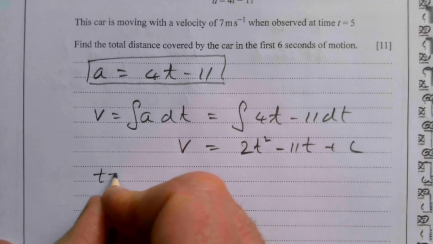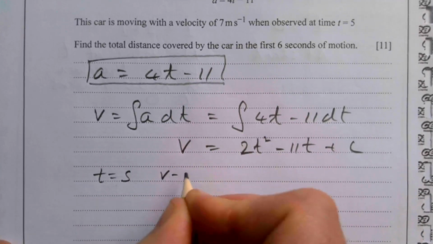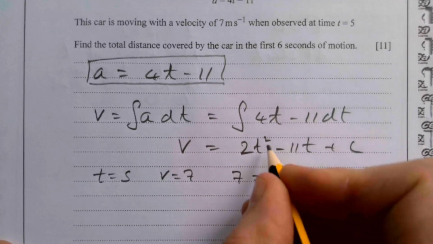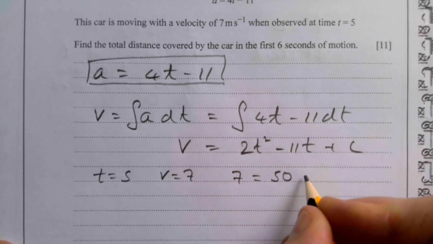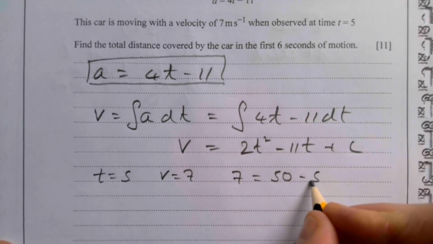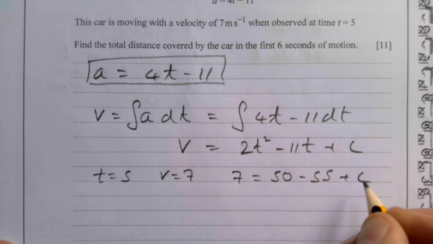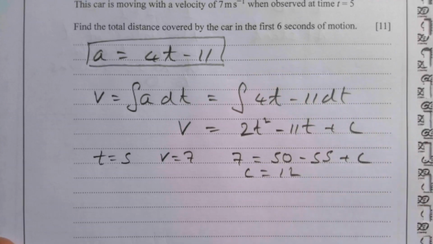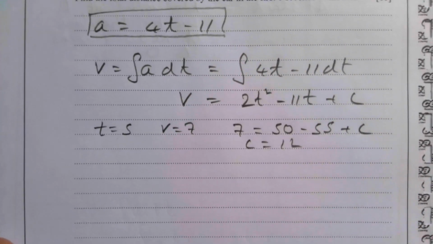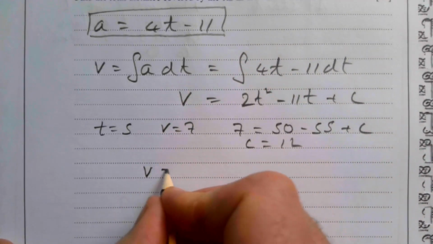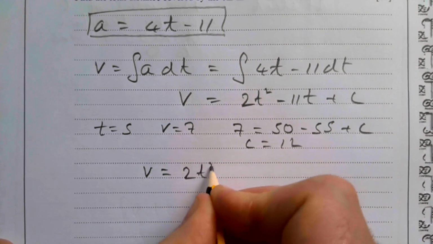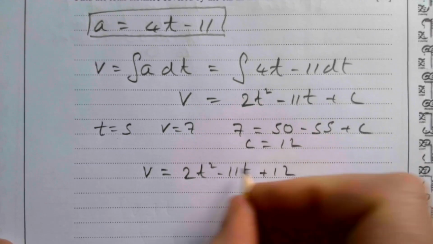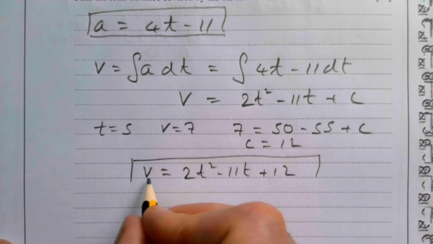We're told that whenever t is 5, v is 7, so subbing that in gives me 7 equals 2t squared, which is going to be 50, take away 55, plus c, so that means c is going to equal 12. So my formula for v is going to be 2t squared minus 11t plus 12. And we have that.